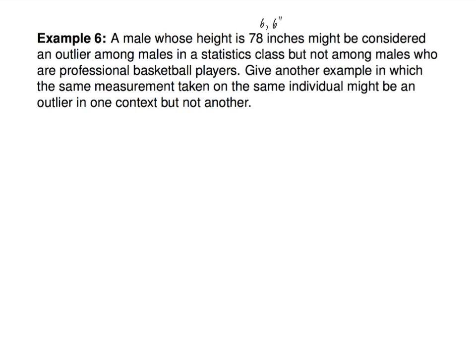Does that make sense? So can you give another example where the same measurement might be an outlier in one context but not another? The only one I could come up with was myself in Japan. Not to pick on Japan, but I think they're on average shorter there, so in Japan I'd be kind of tall, even though I'm totally average in America.